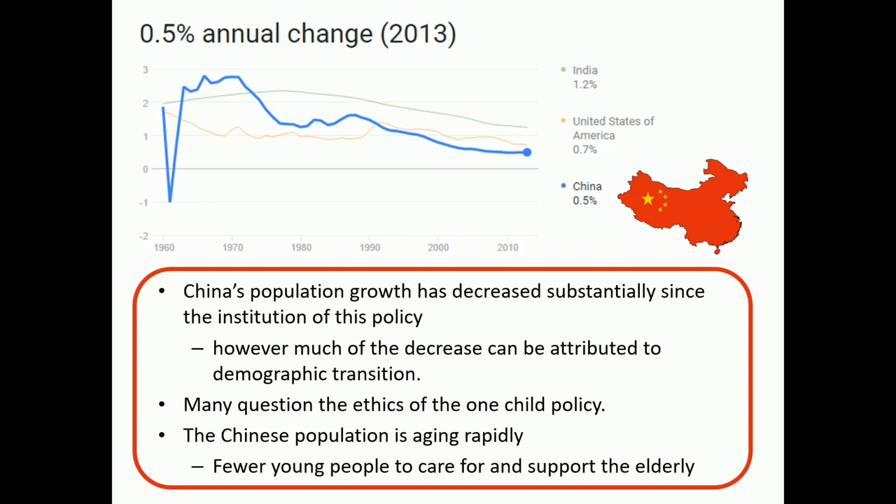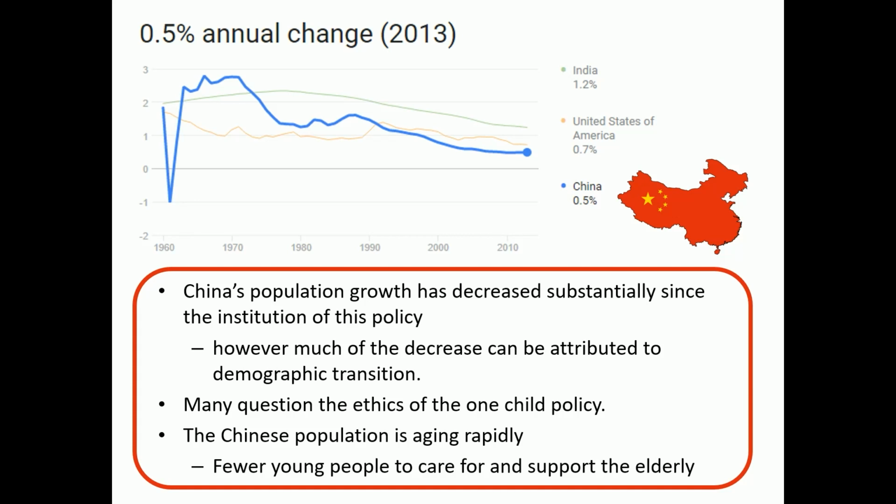We simply have more elderly people to take care of in a situation like this, and not enough younger people to perform those care services or create the economic stimulation that would create the funding for those care services. So you can get kind of strange results when you create a policy like this.